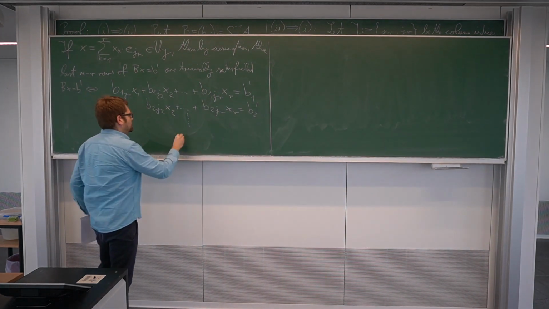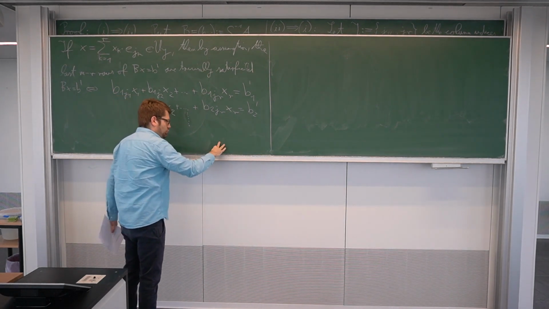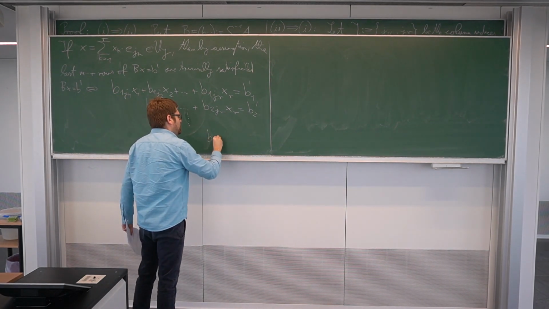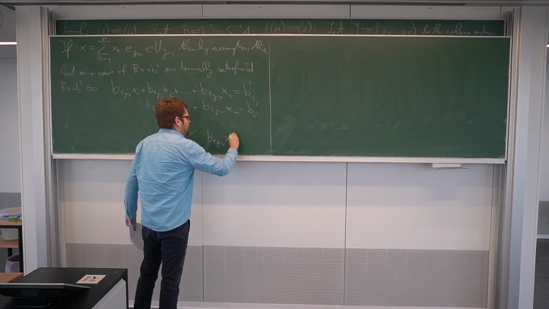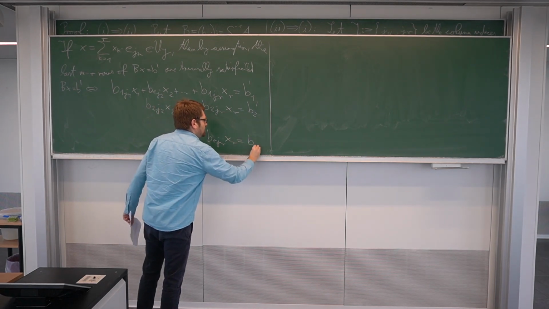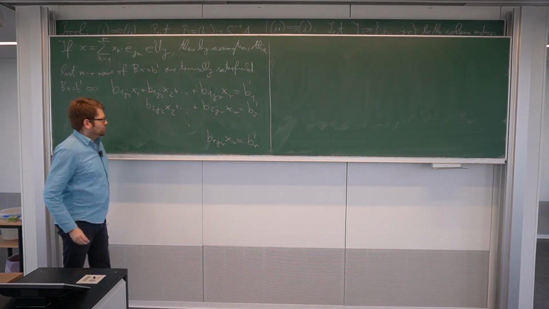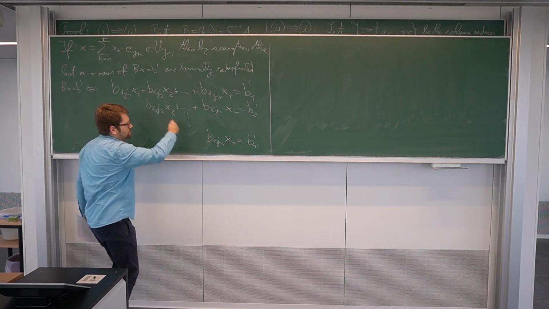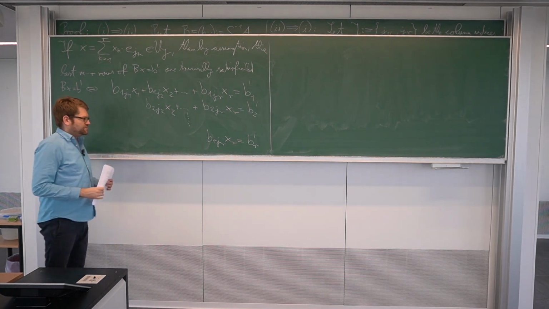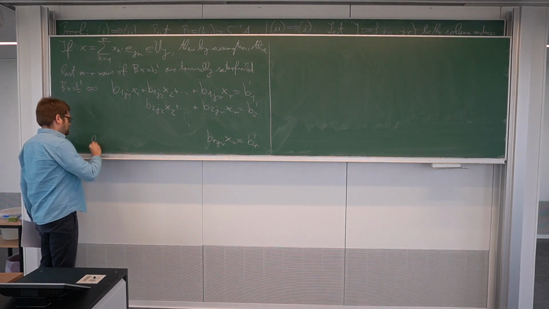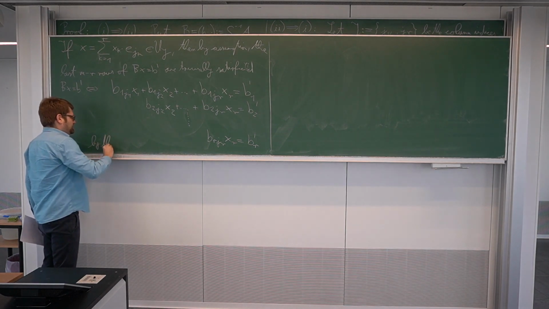So in the last row, the rth row, there we have the pivot element br jr xr equal to br prime. So it's kind of diagonally going down. This is just by the property of the row echelon form, or by the properties of the pivots.